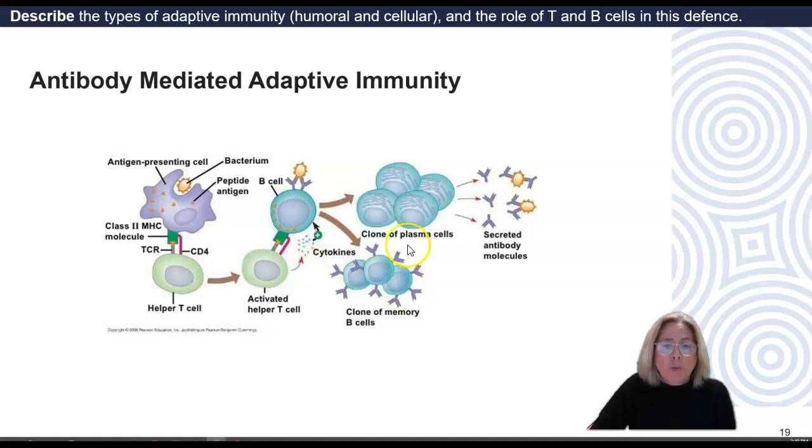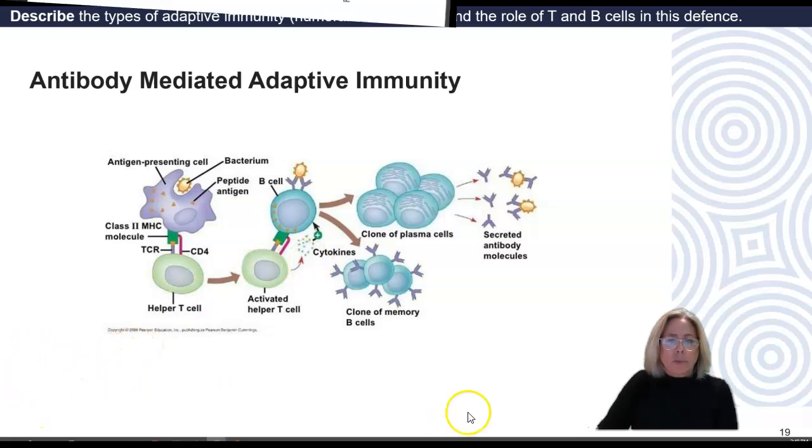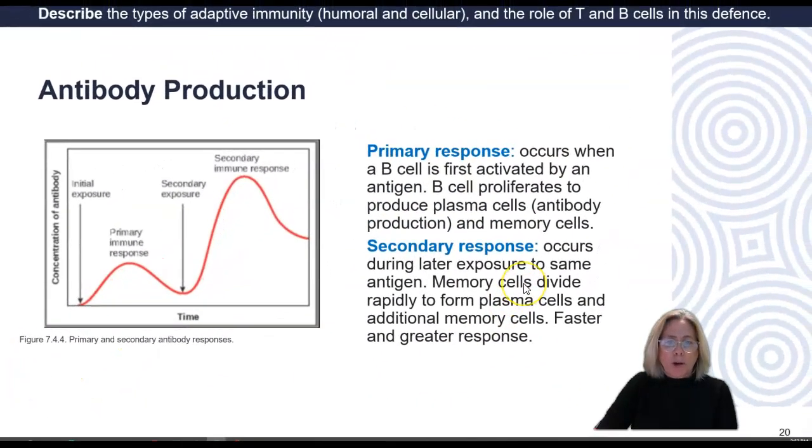And of course, we also have this clone of memory B cells being formed, and they're going to be really important in that secondary antibody response if the person gets exposed to that same bacterium at a later date. Now, remember that we have this primary response and secondary response that I spoke about earlier.